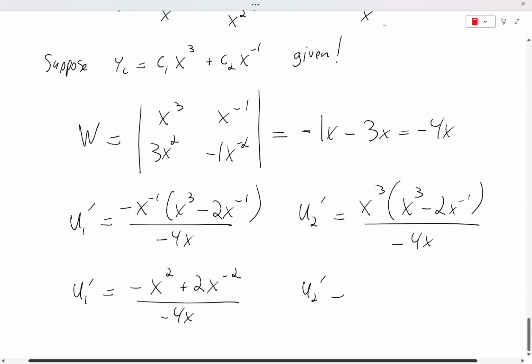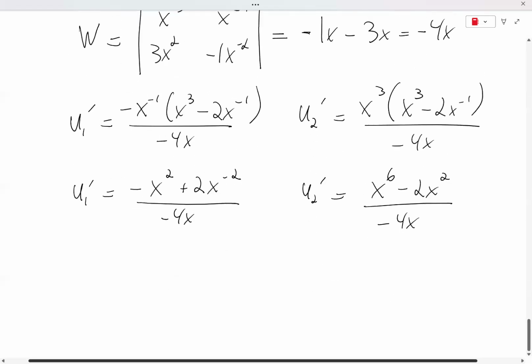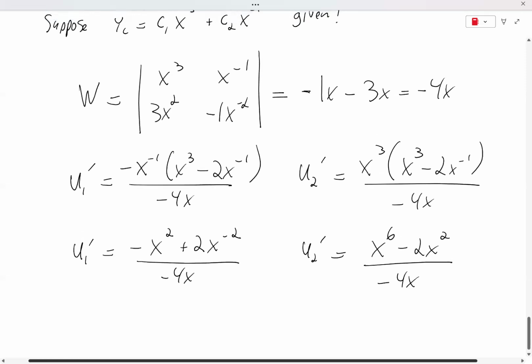Then u sub 2 prime, distribute through there, that'd be x to the sixth minus 2x squared over negative 4x. So we got that.